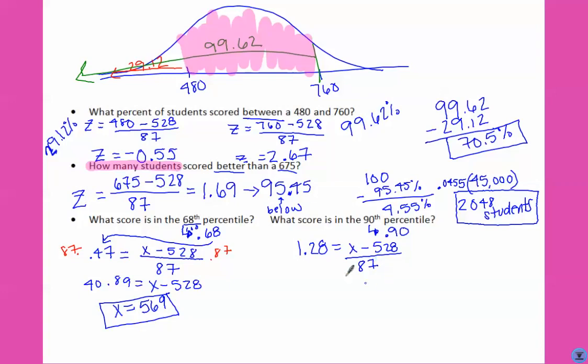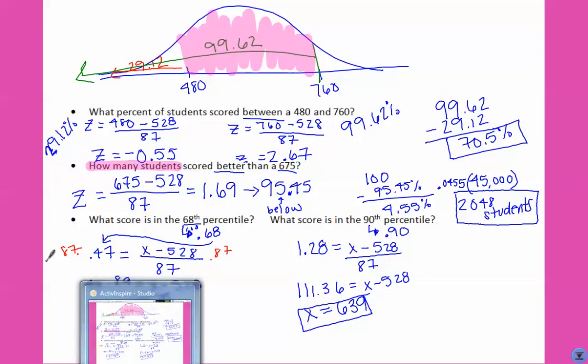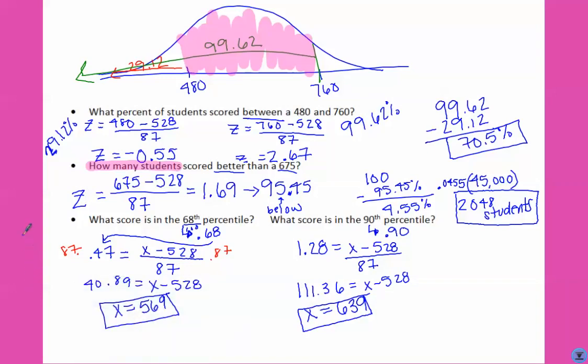Multiply both sides by 87 to get it out of the denominator. We get 111.36 equals x minus 528. Add 528 to the other side, and we get x is equal to 639. Remember, we're going to round to a whole number because SAT scores are whole numbers. If we were doing something with money, we could use decimals.